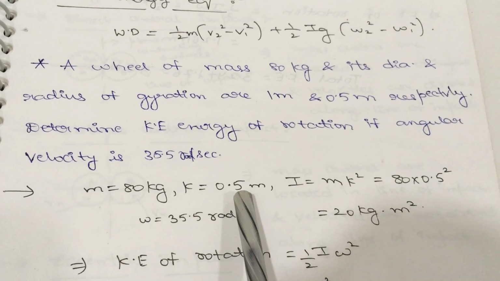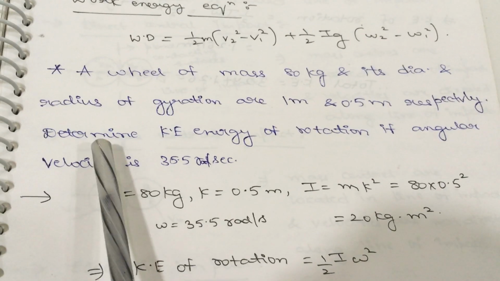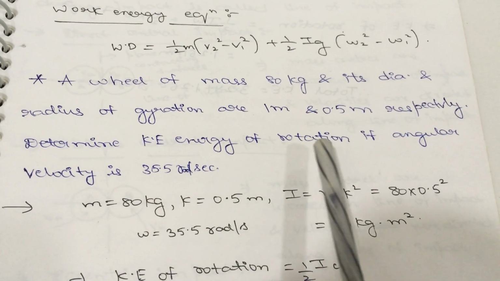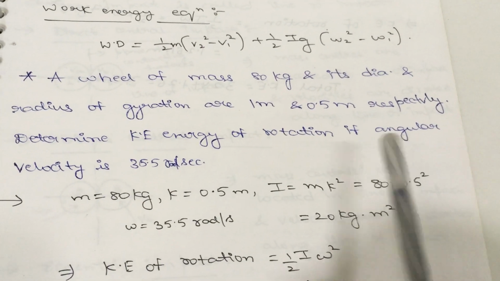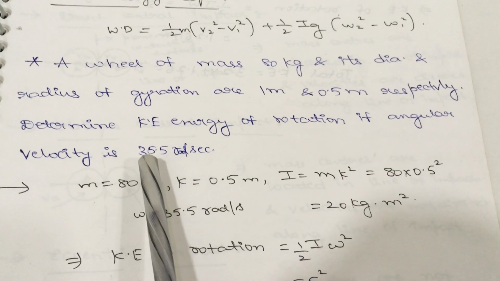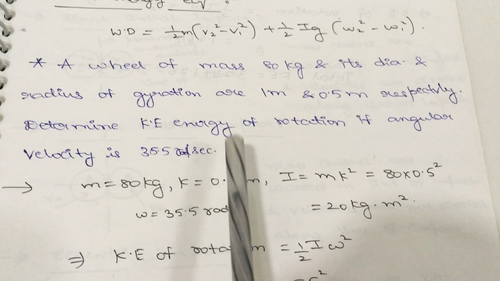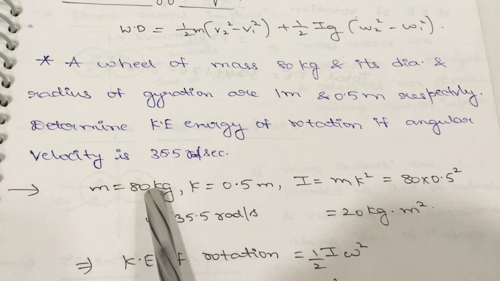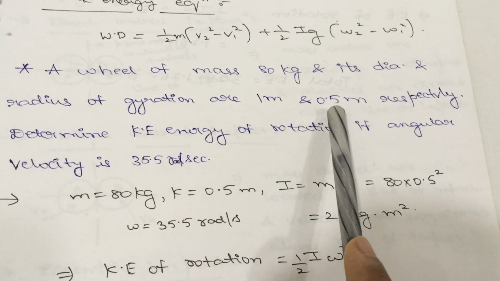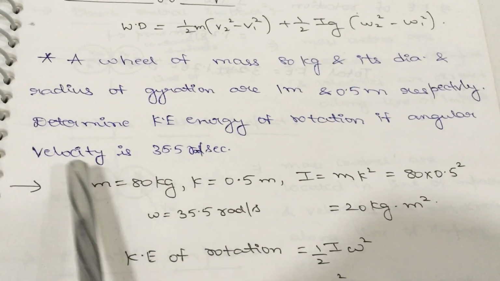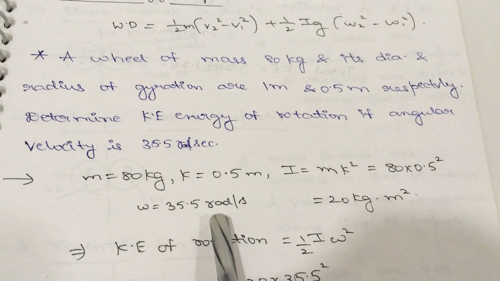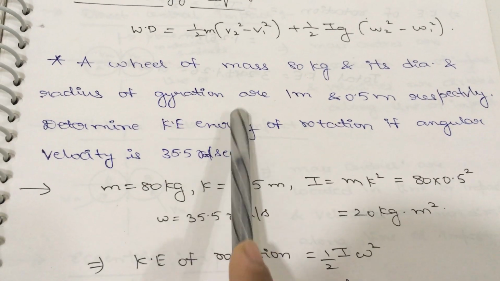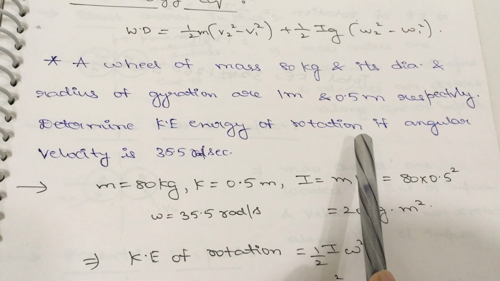So K value is given as 0.5 meter. Next, determine kinetic energy of the rotation if angular velocity is given as 35.5 radians per second. That is nothing but omega value. So here mass value is given, radius of gyration 0.5 meter is given, and angular velocity omega value is given. They are asking us to calculate kinetic energy in the rotational motion.